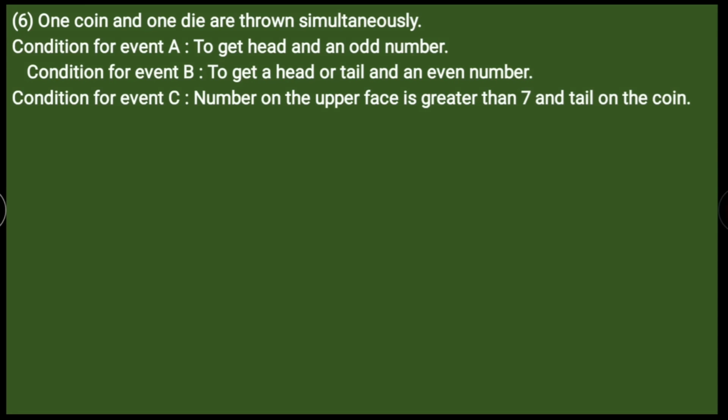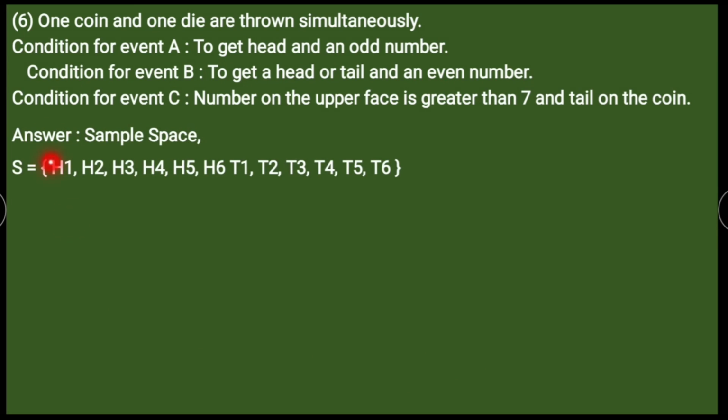So see the sample space. Here one coin, so we get head or tail. One die, that is 1 2 3 4 5 6. So we write the sample space as H1 H2 H3 H4 H5 H6, then T1 T2 T3 T4 T5 T6 as the sample points. So n of S equals 12.